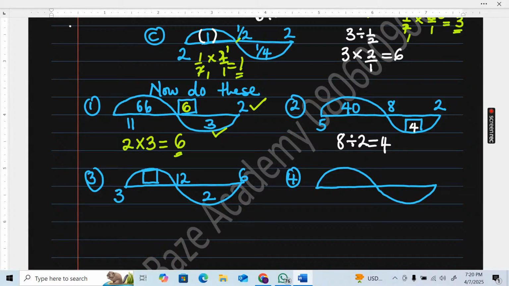Somebody should tell us how to get the missing number in number 3. How do we get that?